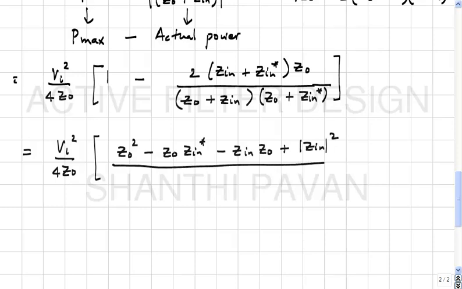And the denominator simply remains Z0 plus Zin into Z0 plus Zin star.